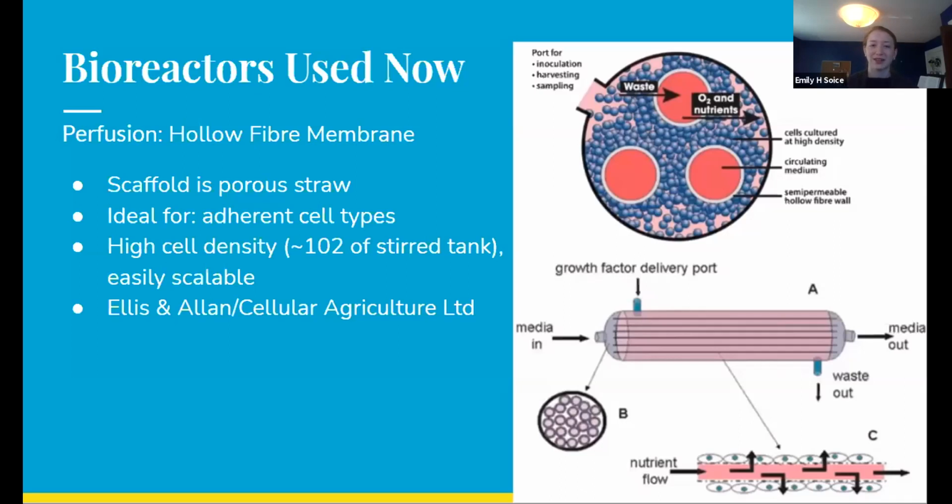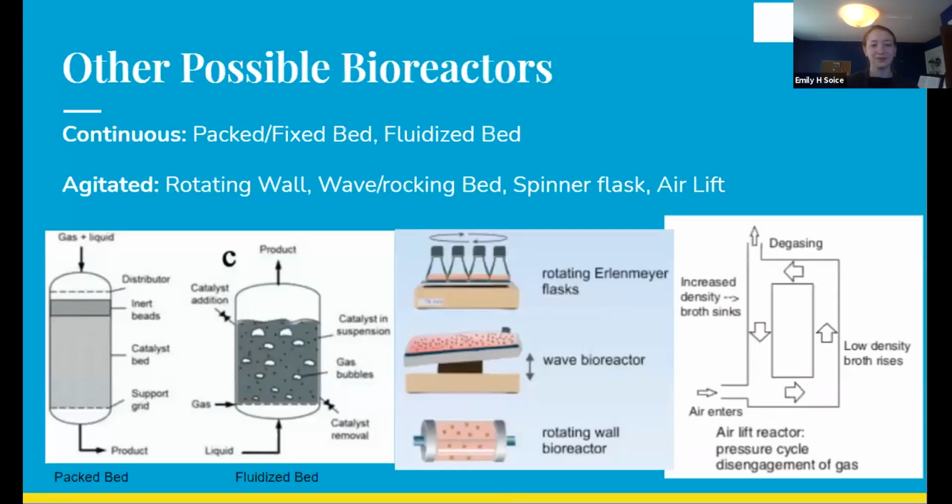They create a more closer knit environment where they can really feel those nutrients on them. But the other types of bioreactors there are things like packed beds or fluidized beds, rotating walls, wave rocking beds, spinner flasks, airlift. And these are basically different ways that you move the bioreactor around to get a flow of media over the cells and remove metabolites.